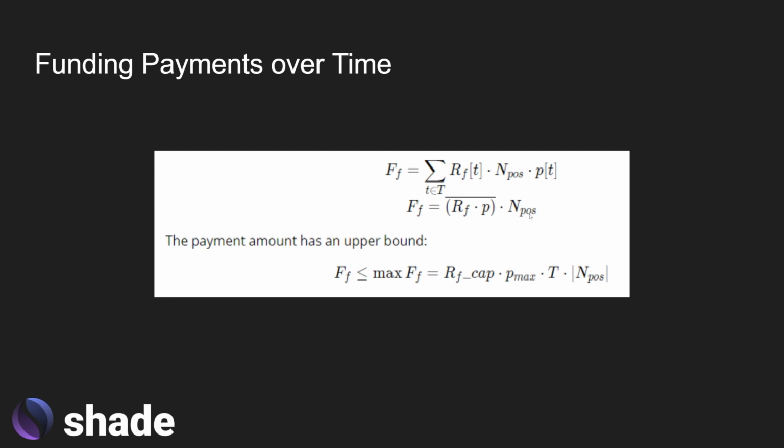And therefore, if we wanted to determine the max funding payment over any given time period, we can calculate it by taking max values for all the parameters that impact funding rates. So that would be the max funding rate cap, the max price, which would either be your take profit or your liquidation price, because again, we're assuming we want to be well funded. Depending on whether the position is long or short, that's what your price max would be.